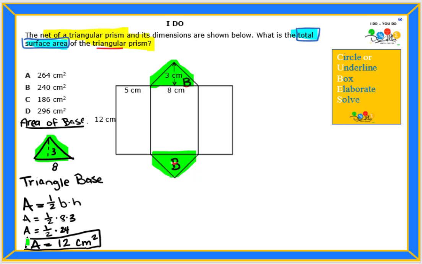Okay, so we have the area of our triangular base. And now we're going to look at the lateral faces. So these rectangles here are the lateral faces, so they're going to give us our lateral surface area.